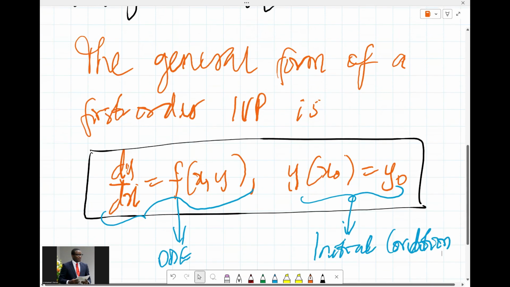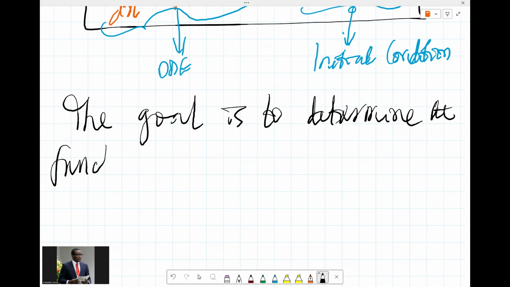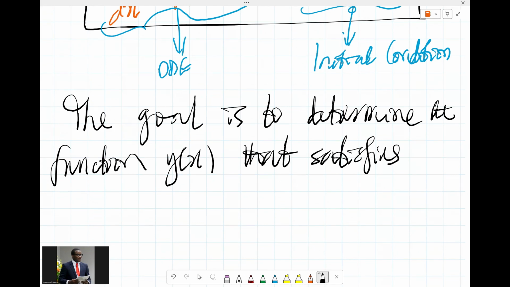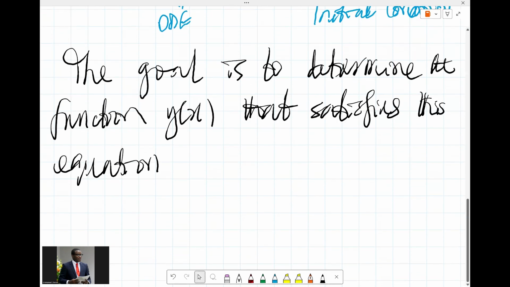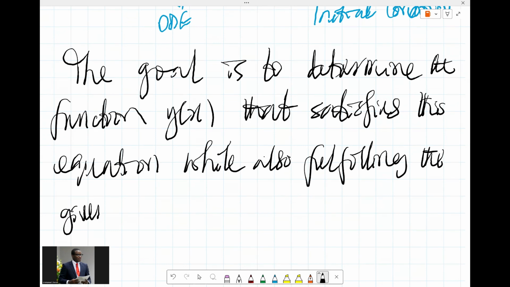Now, the goal in this situation is to determine the function y of x that satisfies this equation while also fulfilling the given initial condition.